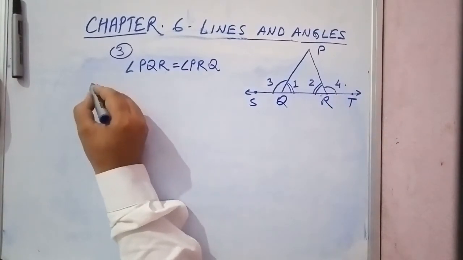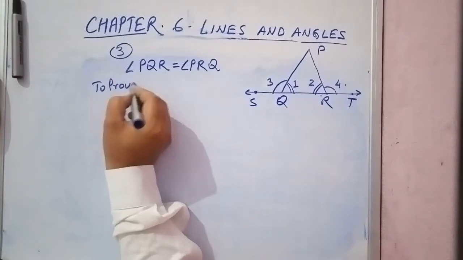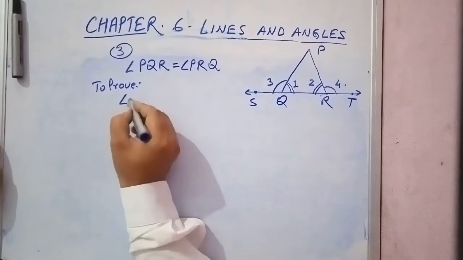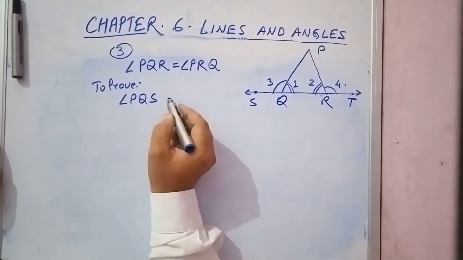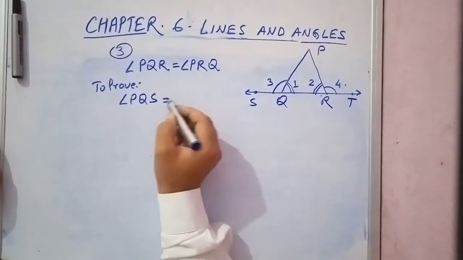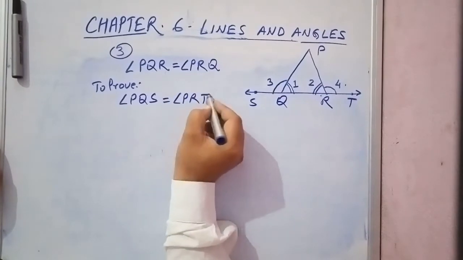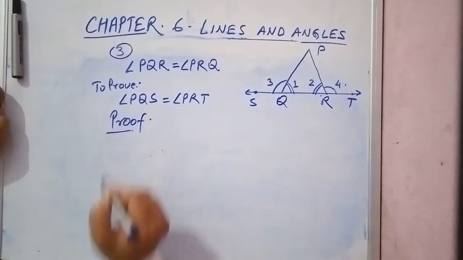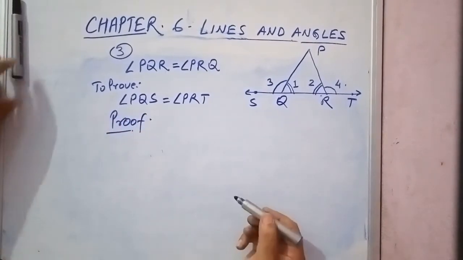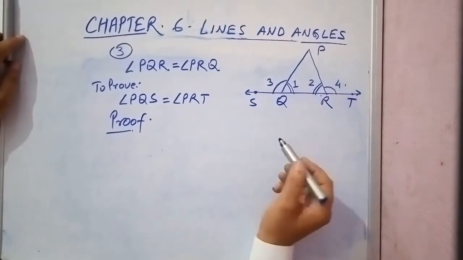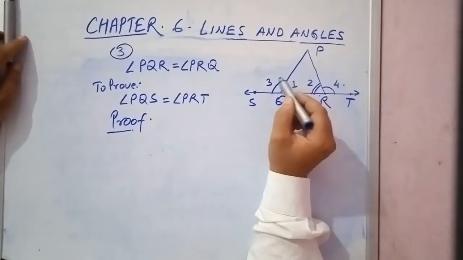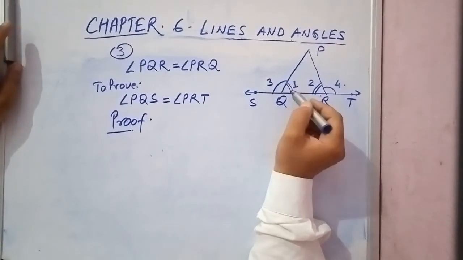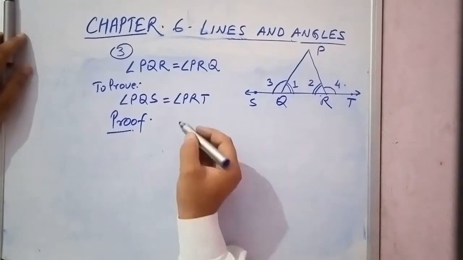We have to prove angle PQS equals angle PRT. Proof: here we see that angle 1 plus angle 3 equals 180 degrees, as they form a linear pair.